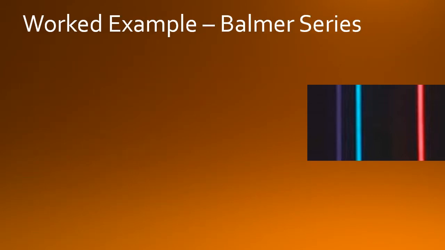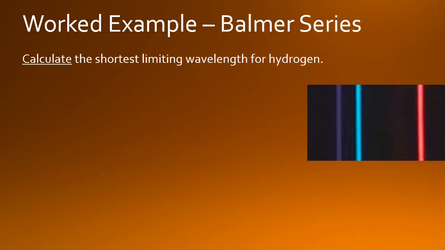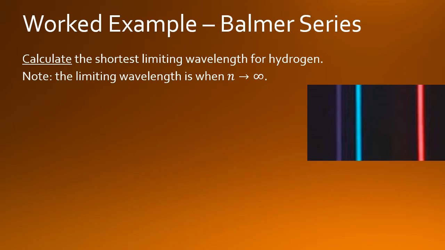Well, let's try another worked example. Here it is. Calculate the shortest limiting wavelength for hydrogen. Oh, that's it. Doesn't seem to be any numbers. But let's think about this more clearly. The limiting wavelength is when n approaches infinity.